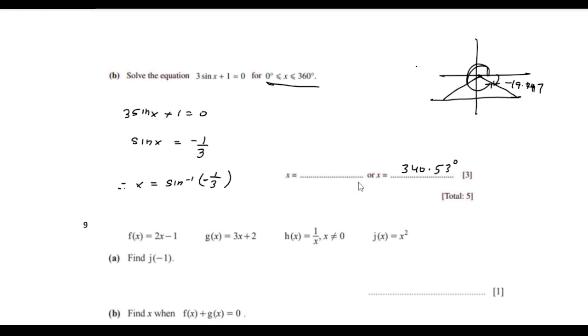So one value is 340.53, and the other value, okay, I'm getting confused.